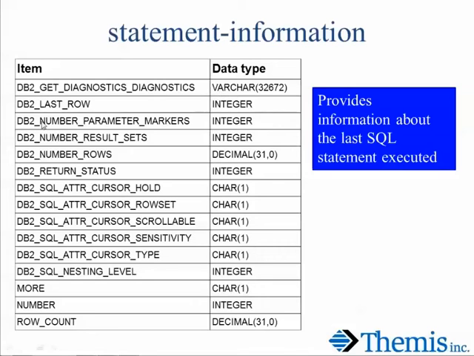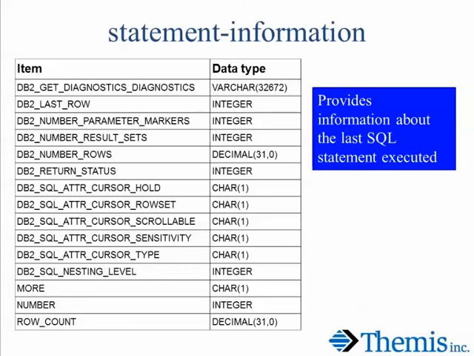You can find out the number of returned result sets as a result of a call statement. You can see the return status of a call. You can find out the number of rows that were returned and the attributes of your cursors. So it's more for the statement level itself.